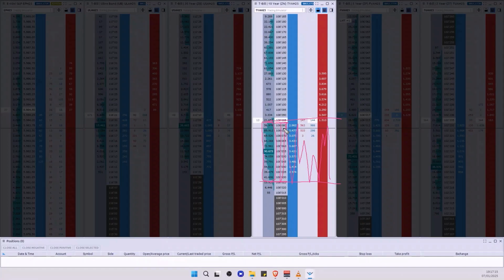However, if buyers are able to generate that breakout, then the rule of thumb is that the price will look for a new mountain or fair value. So it will go very quickly through that area, and then it can start to range here for a while, because this is now the new fair value.